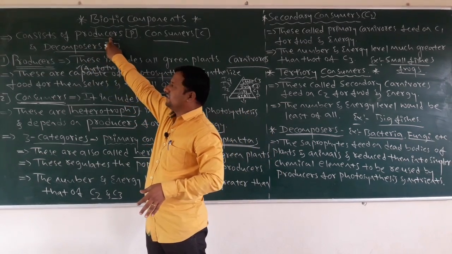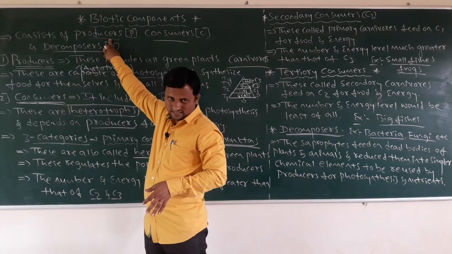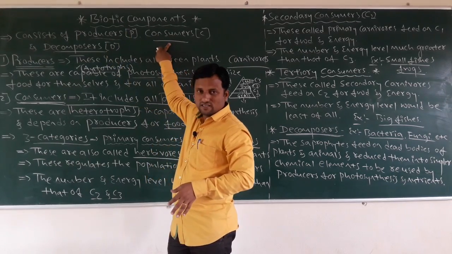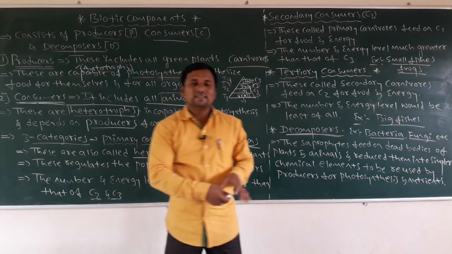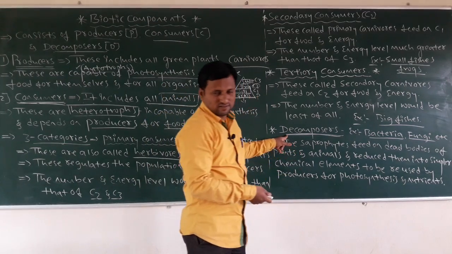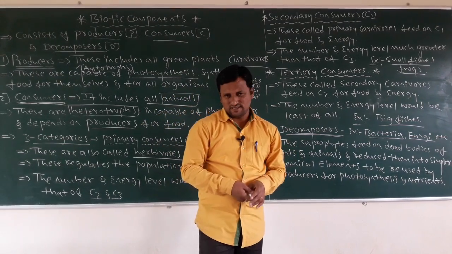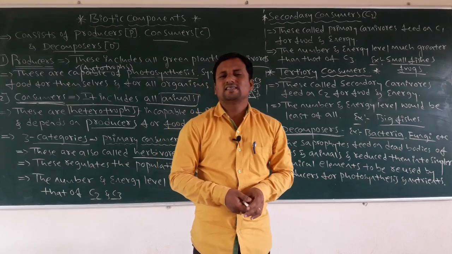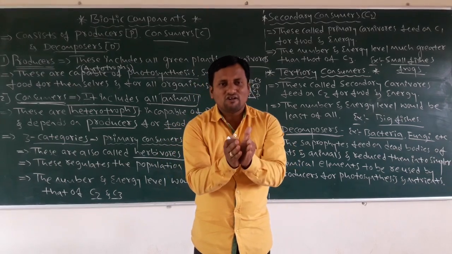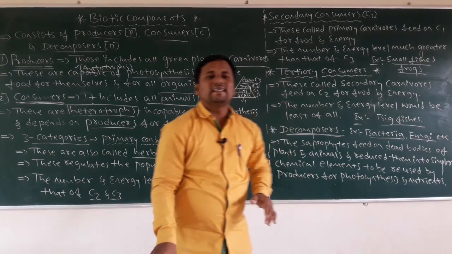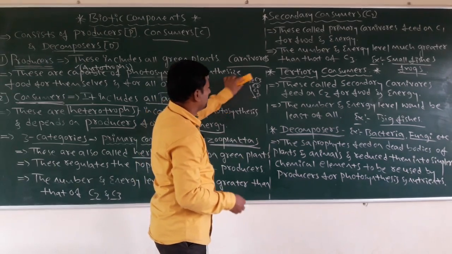We already discussed the meaning of producers and the meaning of consumers, then we go for the decomposers. What are decomposers? Decomposition is nothing but the process of rotting or decaying, a simple process.